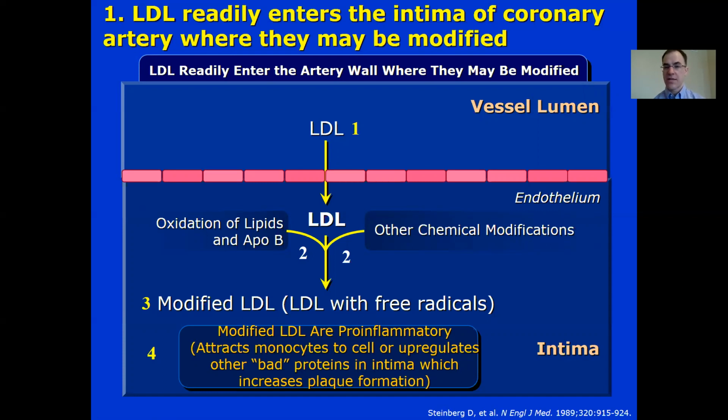So really that modified LDL is one that starts to set off this atherosclerotic process. There are some other chemical modifications of the LDL that take place, but the main one you should understand is that the oxidation by these free radicals, or hyperactive oxygen molecules, is really what changes the LDL into a modified LDL that then progresses the atherosclerosis moving forward.